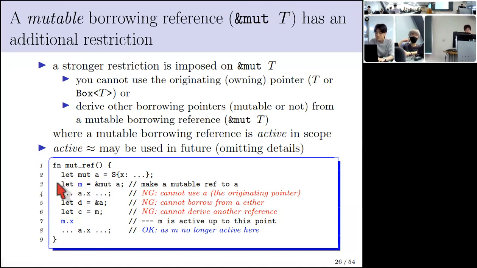Without a technically precise definition, we say this mutable borrowing pointer is active from line 3 up to line 7.